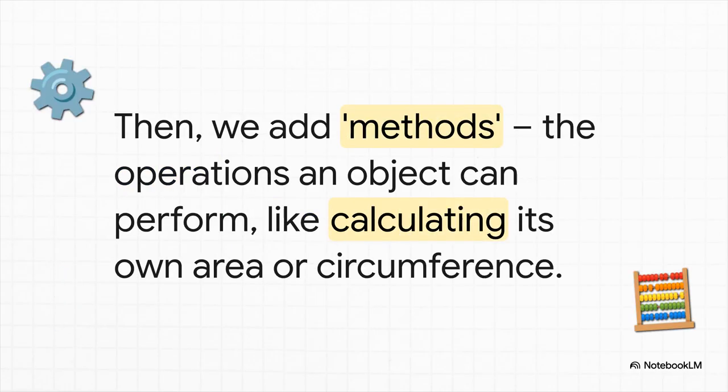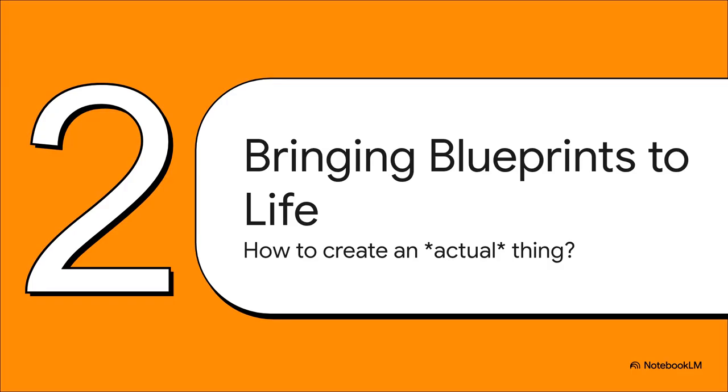But a circle isn't just a set of numbers. It should be able to do things, and that's where methods come in. Methods are the actions, the verbs. For our circle, an obvious method would be to calculate its own area. See how the data, the radius, and the action, calculating the area, are now bundled together in the same blueprint? That is encapsulation.